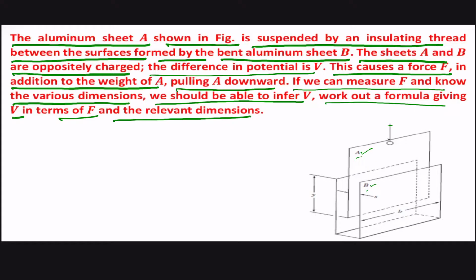In this case we are supposed to find out the potential, and for that we are first going to find out the force. We are going to solve it with respect to the energy, because it is much better, because the two sheets A and B are going to behave like a capacitor.